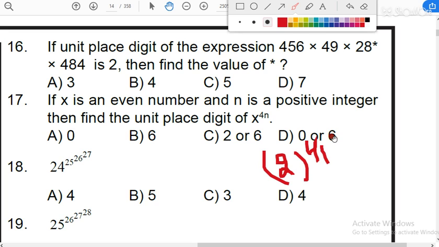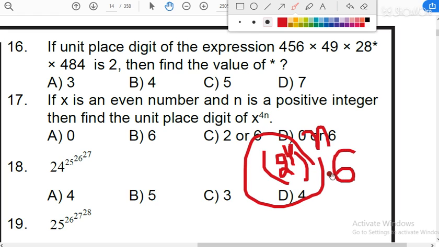Let's suppose n as 100. N is a positive integer. So 4n means basically I can take this 4 inside the even number and outside I will remain with n. So this will give me the unit place 6.